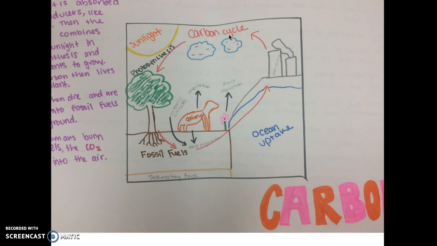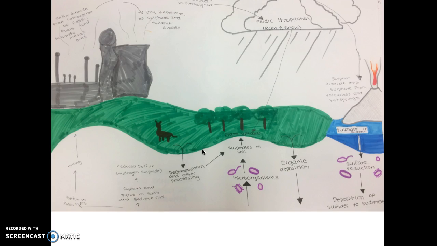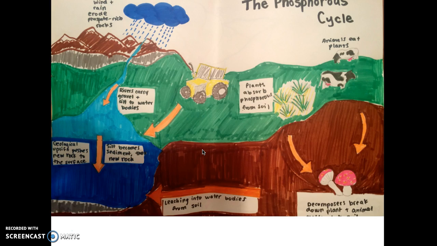There's a different take on the carbon cycle, a little more simplistic, but still representing the general trend with carbon, both having an atmospheric component and a terrestrial or land-based component. Okay, quick depiction of the sulfur cycle here. Another one of the phosphorus cycle.